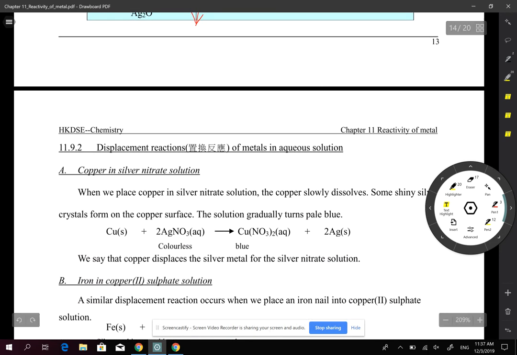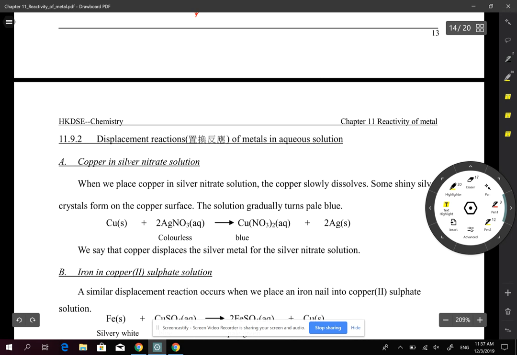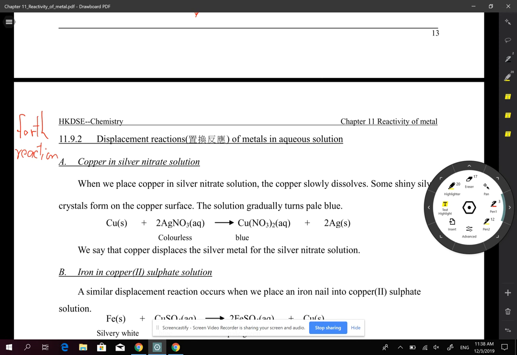And we are going to talk about the last reaction of metal. It is the fourth reaction. What we are going to learn, there are only 4 reactions for metals. The first is reaction with oxygen.